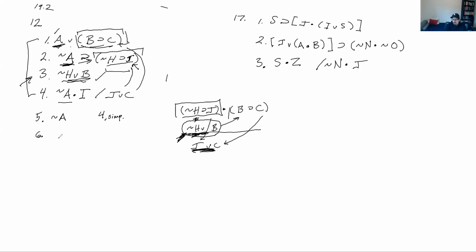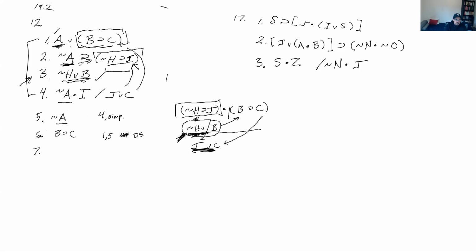6. We can use not A then on line 1 with disjunctive syllogism to give us if B, then C, from 1 to 5, modus ponens. No, sorry, disjunctive syllogism. Got ahead of myself.